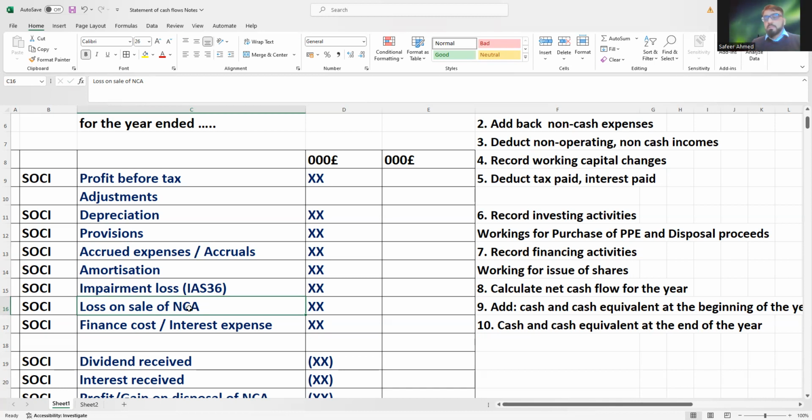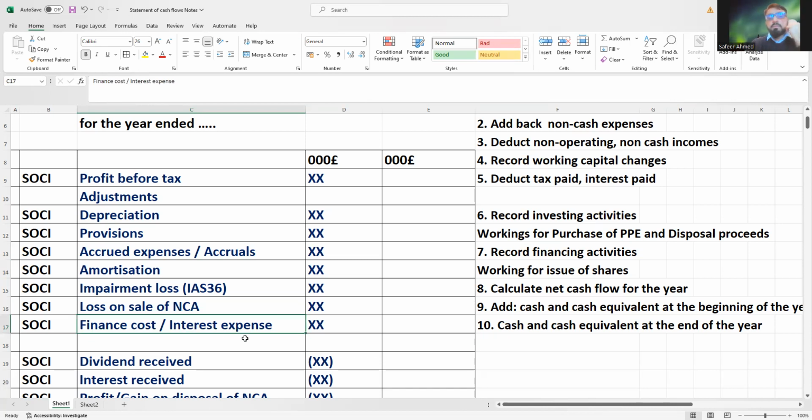Again, accumulated depreciation is an estimate, and we are comparing the carrying amount with the disposal value. So it's not really an actual loss, if that makes sense. Loss on sale of non-current asset means that we received less money than the carrying amount of the asset. So it's a non-cash expense as well, and we will be adding it back.